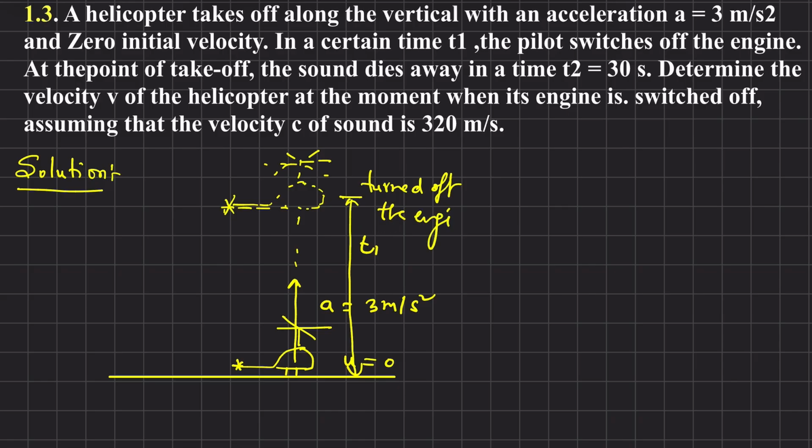So that is the second part of the statement. Now it is saying that from the point of takeoff the sound dies away in the time 30 seconds. So what does it mean? It means that if there is an observer, or a receiver, who is standing near the helicopter position, then he or she will not be able to hear any sound after 30 seconds from the point of takeoff.